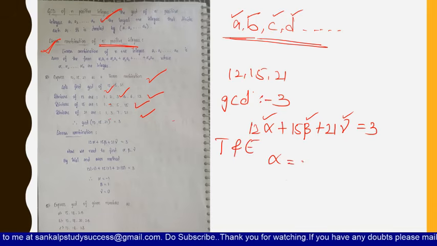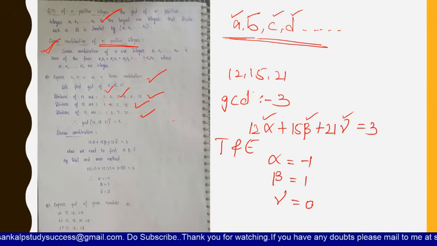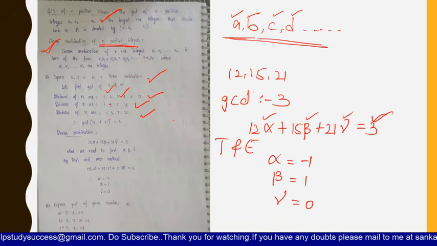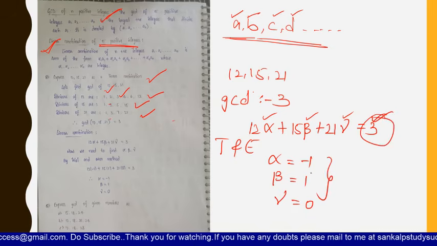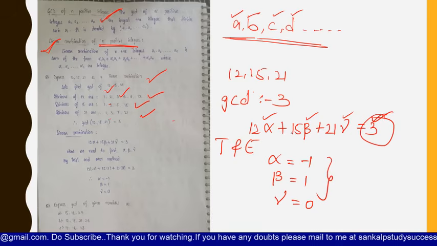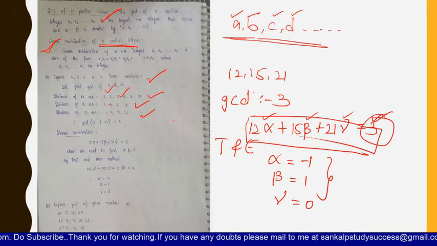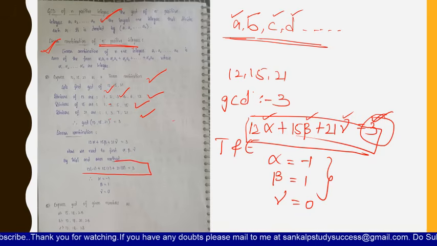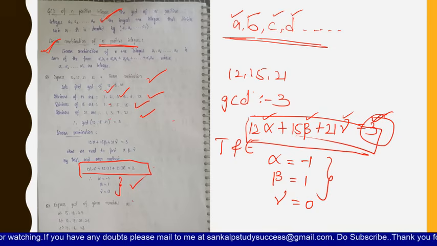If alpha is equal to minus 1, beta is equal to 1 and gamma is equal to 0, we get the answer as 3, so this equation will be satisfied. Am I correct? So now we can express the linear combination as 12 into minus 1 plus 15 into 1 plus 21 into 0, which is equal to 3. So these are the values of alpha, beta and gamma.